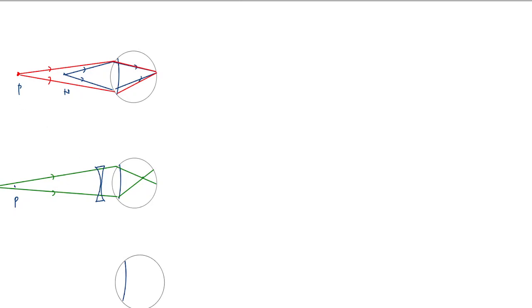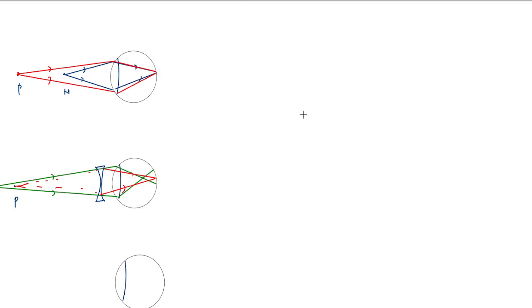So for the object kept at point R, the image is formed at the point P from where the eye can see it very clearly. So I can see it clearly. Keep in mind that the image is formed at the point P. So this is how it works.